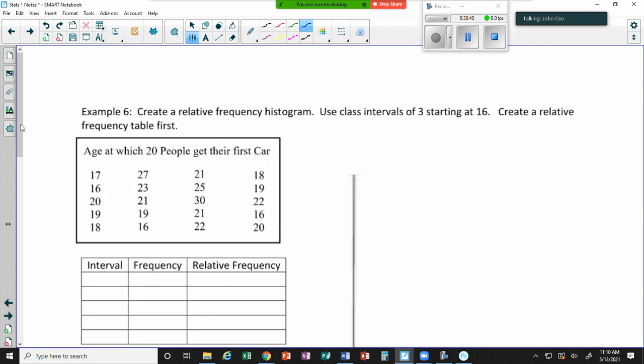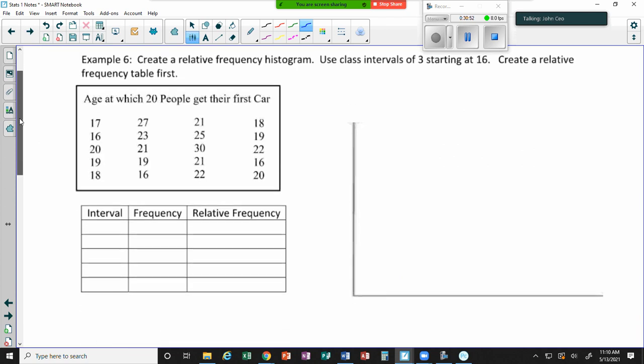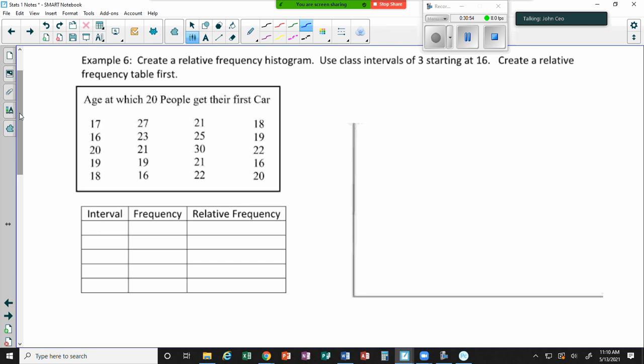So now we're going to make a relative frequency histogram. The age at which 20 people got their first car.